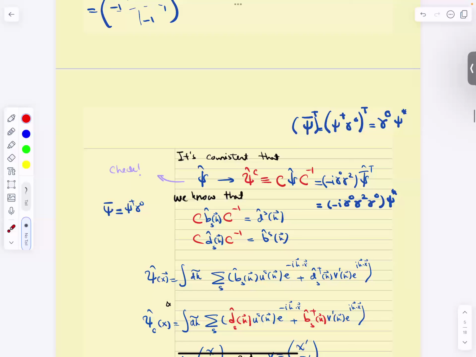It sends psi to minus I gamma naught, gamma 2, psi bar transpose. What is psi bar transpose? Well, what is psi bar? Psi dagger gamma naught, you take the transpose of it. The transpose of gamma naught is gamma naught. The transpose of the dagger is psi star. Good? So I can write it in different ways.